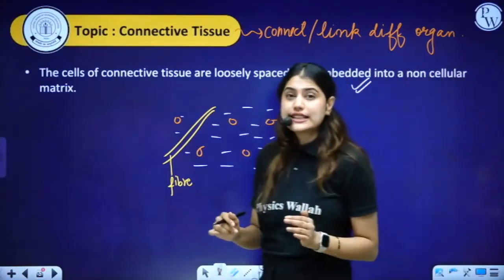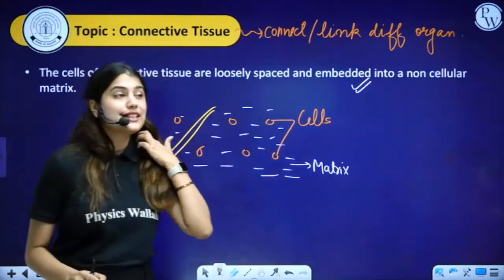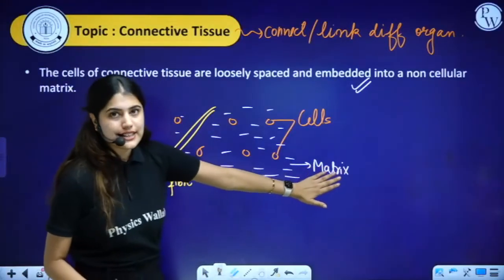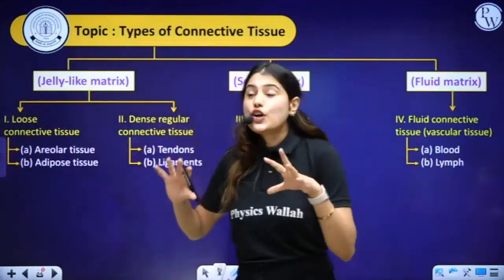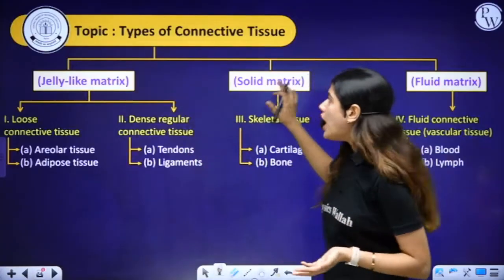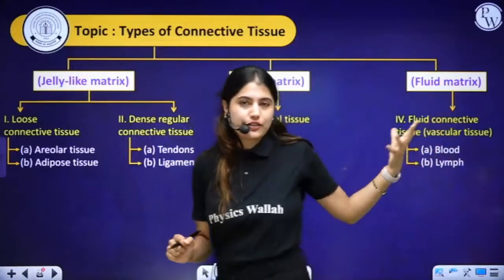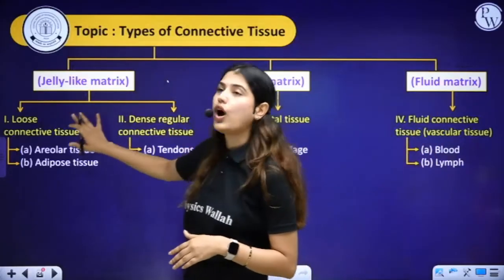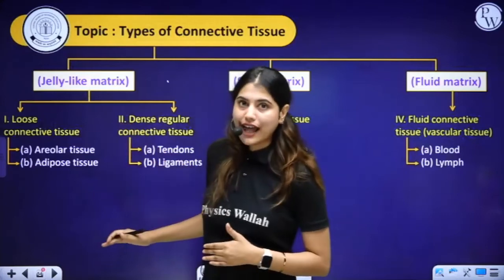Okay, now let's discuss the different types of connective tissue, on the basis of how the matrix is, right? Let's have a look at it. So the matrix can either be jelly-like, semi-solid, or it can be altogether a solid or maybe a fluid matrix, right? If it is jelly, we can call it a loose connective tissue. Two types are there, areolar and adipose.